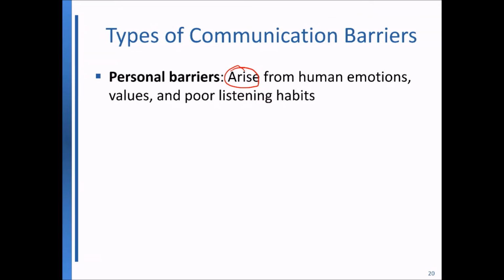We have human emotions. Our emotions can also be a barrier to communication. Why? For example, if you're angry and somebody is talking to you, even if the words are good, sometimes we cannot interpret the words correctly. Shyness, for example.